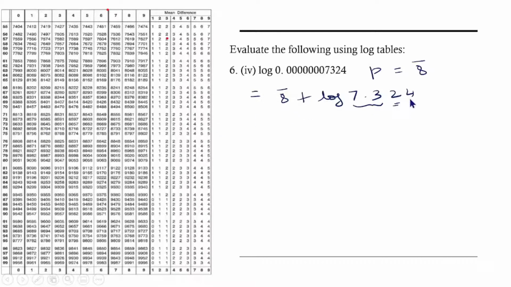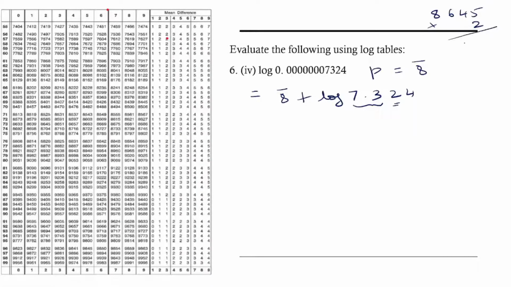Then the next digit is 4. So what we have to do: 8645, then the next digit is 4. In the same row 73 we have to locate the mean difference corresponding to column number 4. The mean difference corresponding to column number 4 and row number 73 is 2. We have to add that 2.